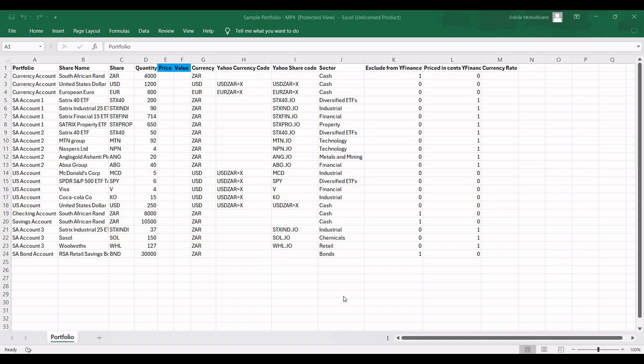Hello again. Recall last time we had a look at the portfolio report script.